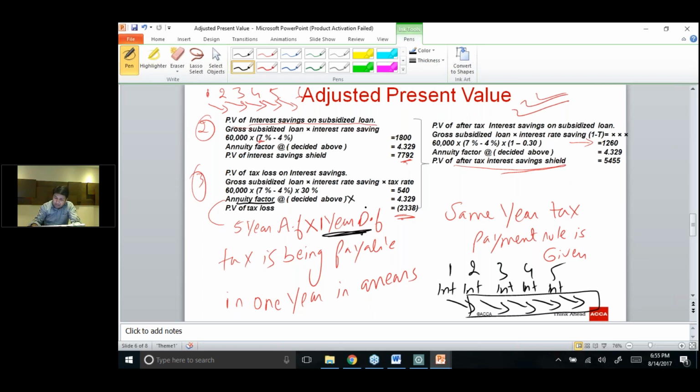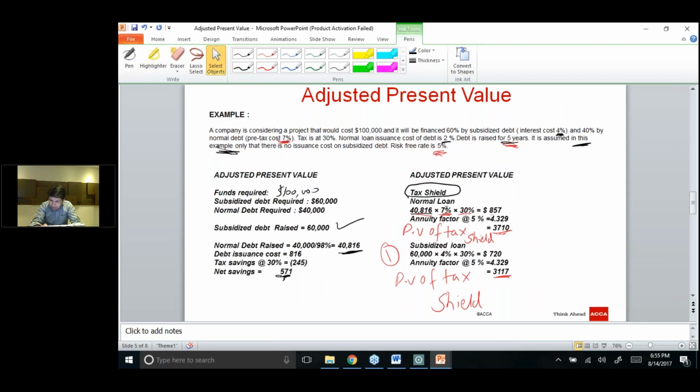So even in the previous slide, even in the case of tax shield, if tax is given 1 year in arrears, just multiply the annuity factor with the discount factor of year 1.